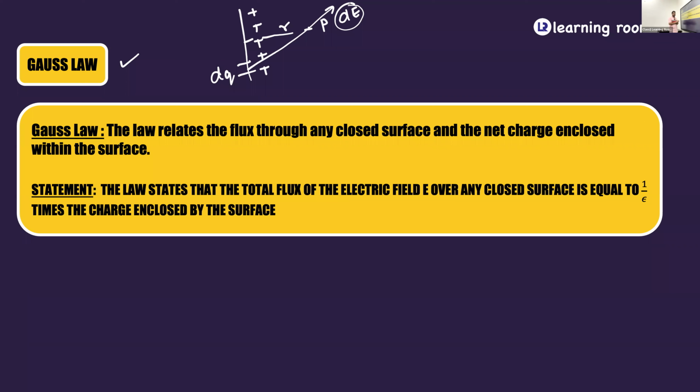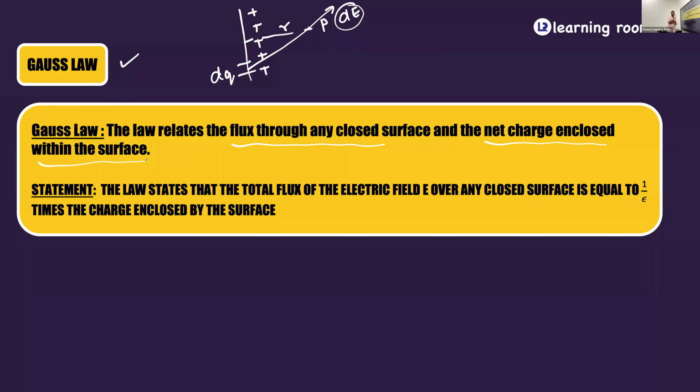Gauss law is the law that relates the flux through any closed surface and the net charge that is enclosed within the surface. So if I have the concept of electric flux and the total charge that is known to me, I can solve that problem using this law. Is that clear? That is the first part.